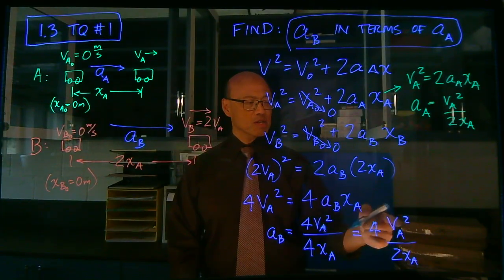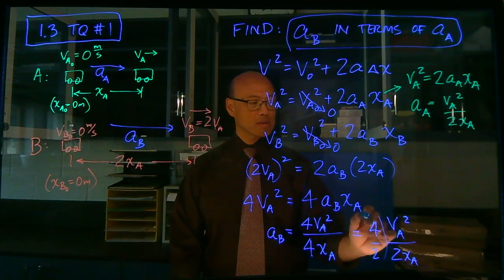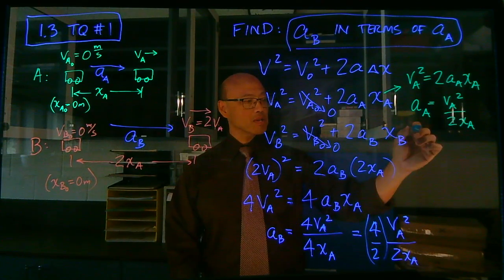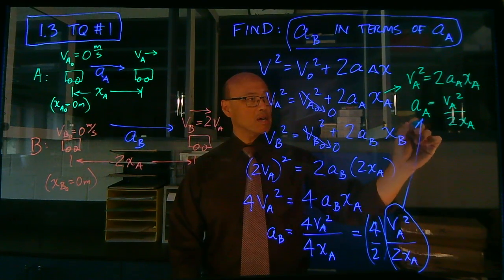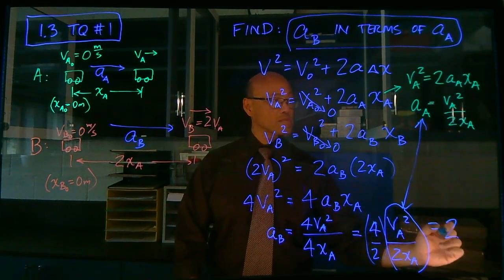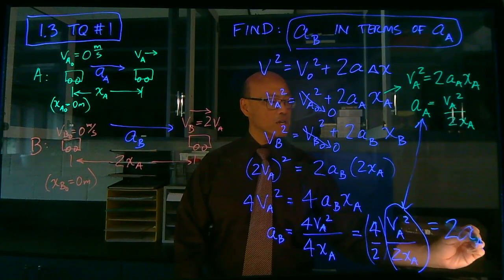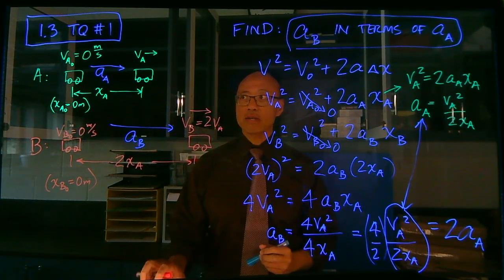I need to multiply the top by 4. That'll give me that. If I multiply the bottom by 2, it'll give me that. Right? So this is AA, and 4 over 2 is just 2. So 2A over A. And that is number 1.